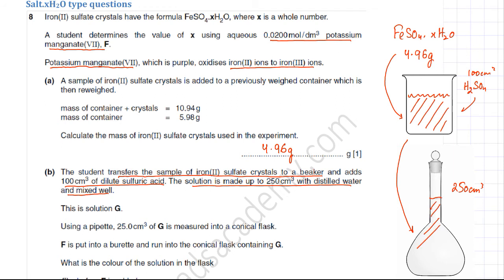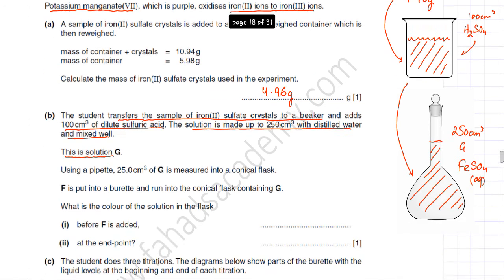So by adding distilled water, I've diluted the solution to a volume of 250 cm³, and this is called solution G. I'm going to label this solution G. And what does it contain? It contains the dissolved 4.96 grams of FeSO4 in aqueous state now, because it's dissolved. So this is FeSO4 aqueous, and this is my solution.